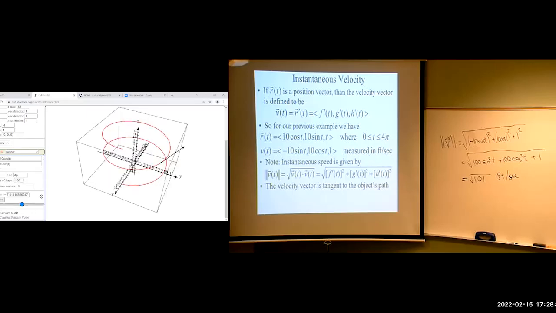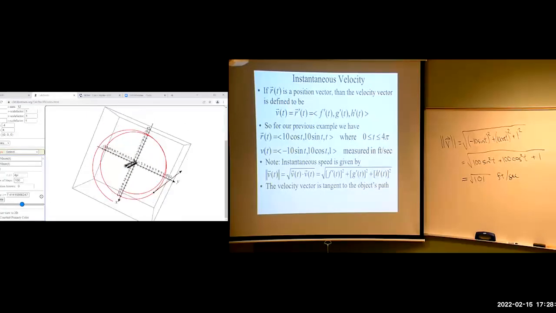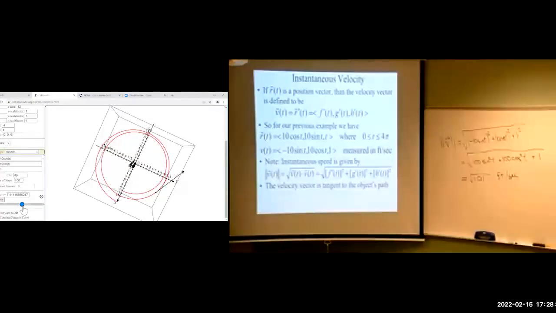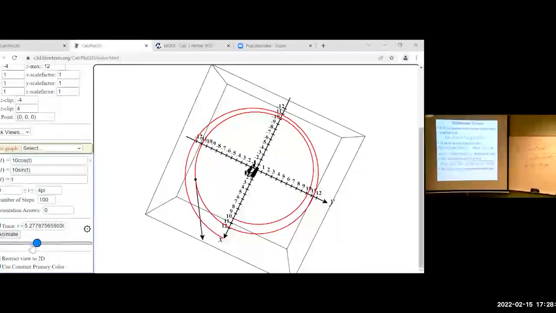Watch what's happening, and you'll see it a little better if I look straight down this thing. What do you notice about the length of that velocity vector? It is not changing, which is exactly what it means to have a constant magnitude, or in this case, a constant speed.